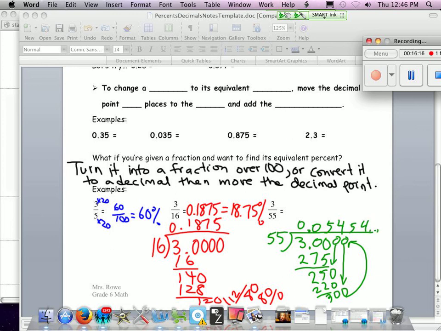So as a decimal, I'm going to write it as 0.054 where the 54 repeats. How can I write it as a percent with the repeating decimal?